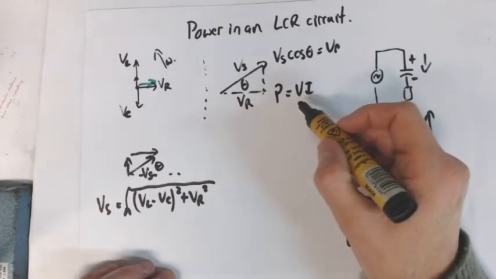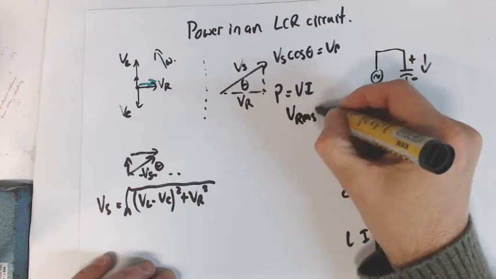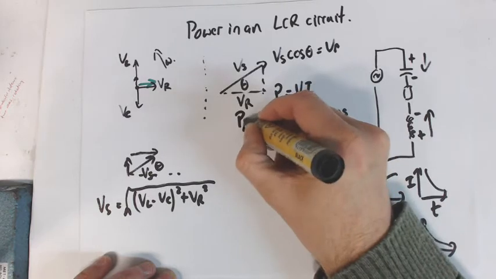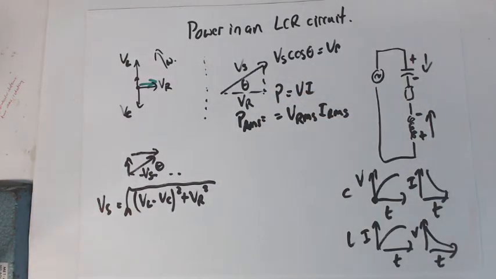If I use VRMS and IRMS, then I've got RMS power. There is a peak power though, and that's when we're looking at the peak value for the voltage and the peak value for the current. So having said that, that's our power situation.